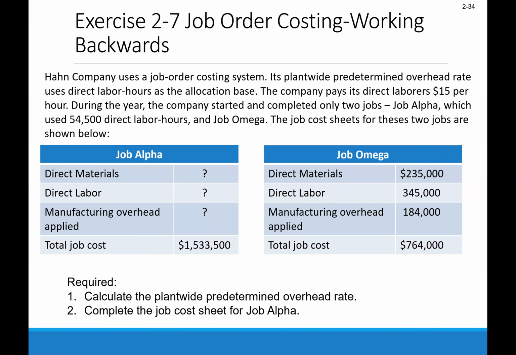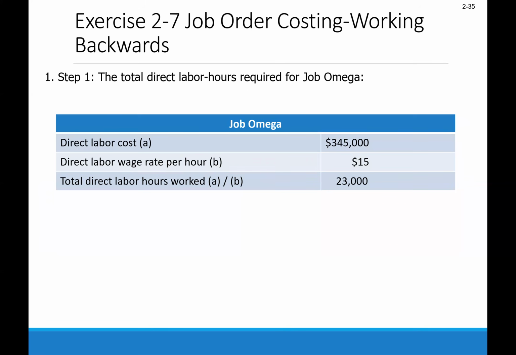So if we know they're getting paid 15 bucks an hour, we could take their direct labor of 345,000 divided by 15 an hour to figure out exactly how many hours were used for Job Omega. Then from there, we can figure out the manufacturing overhead rate per hour. It's telling us that Job Alpha used 54,500 direct labor hours. So we could figure out the direct labor there also. So let's move on and we'll show you.